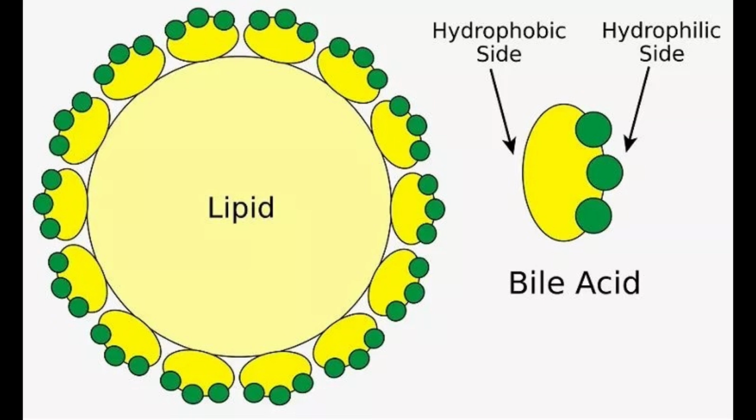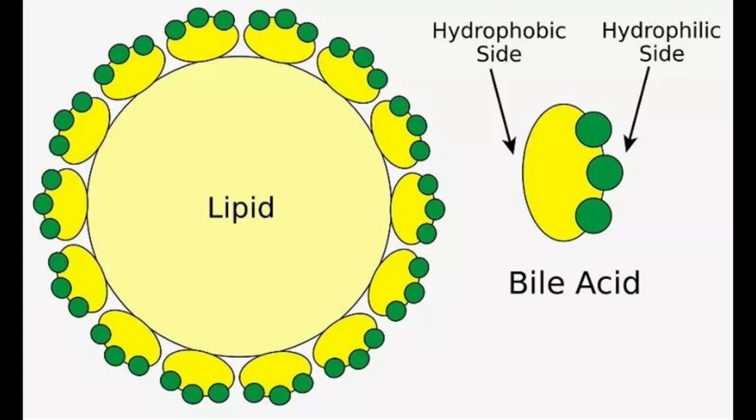That can only happen at the surface interface between the fat itself and the surrounding liquid where the enzymes are coming from. So in order to increase the surface area to dramatically accelerate the rate at which these enzymes can come into contact with fats, they need to be broken down into smaller sections so that the surface area is increased. And this is what bile does.